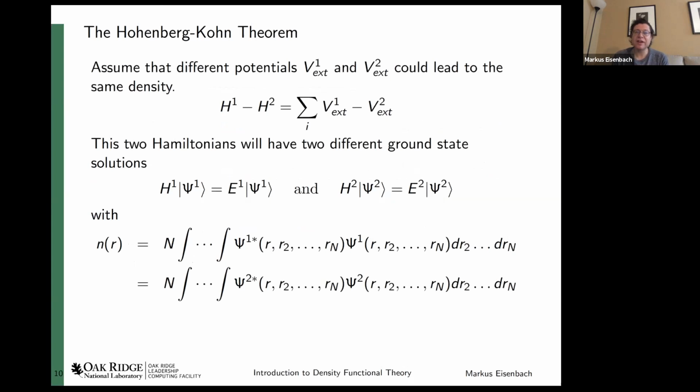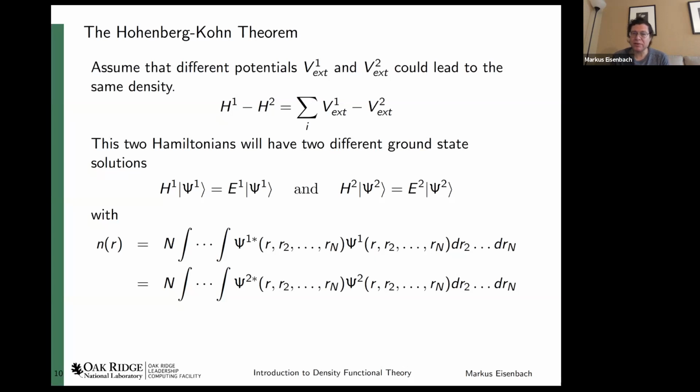So if we have the 2 Hamiltonians, H1 and H2, the kinetic energy part and the electron-electron interaction part of these Hamiltonians are the same. The difference between these Hamiltonians is just the difference between the external potentials.